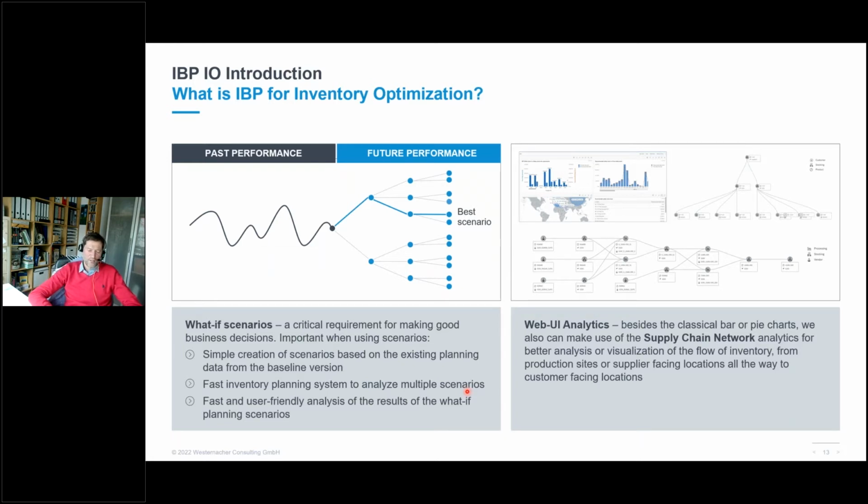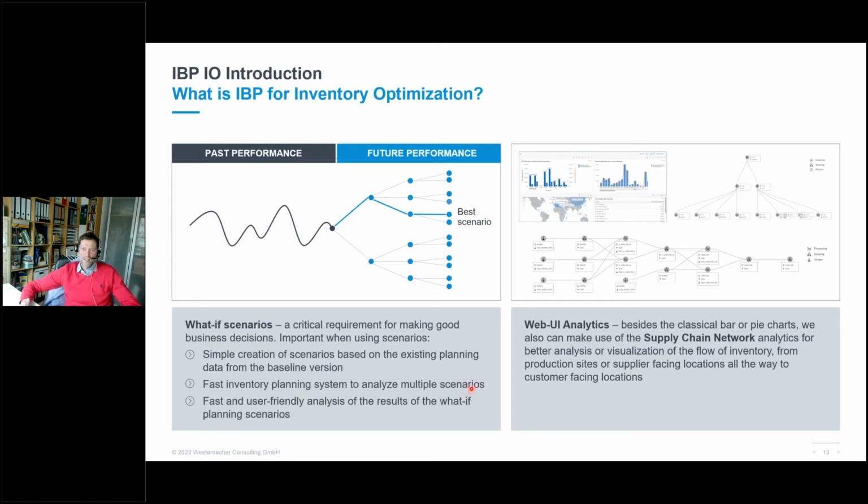Just as a little example of what another customer did. There was a supplier that was able to supply the same product, but a little bit more expensive. But this supplier was closer to the entry location of our network, and you can easily simulate these kinds of scenarios in the IBP system. You can place a different supplier, change the price of the goods, and then simulate the safety stock run and see how that will influence your inventory in your whole network.